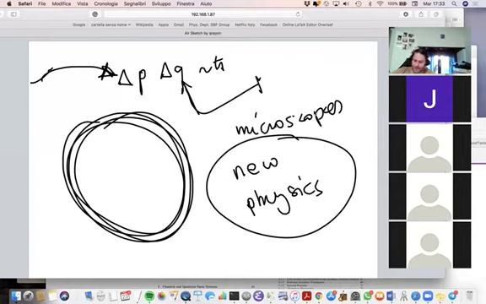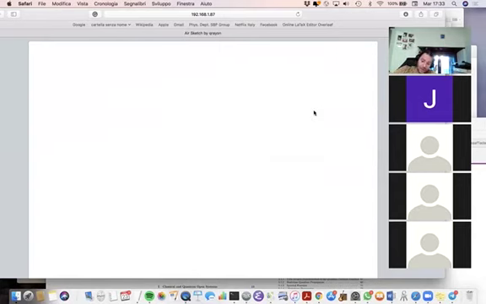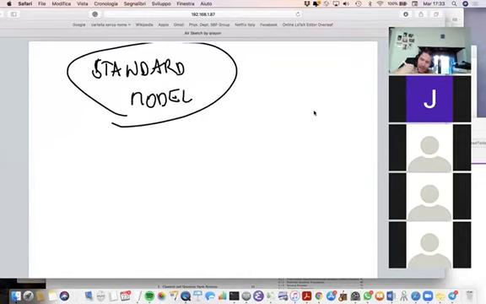Say the theory that we have today, for instance, is called the Standard Model. Some of you may have learned about it during your physics education. I don't assume you know anything of the Standard Model.